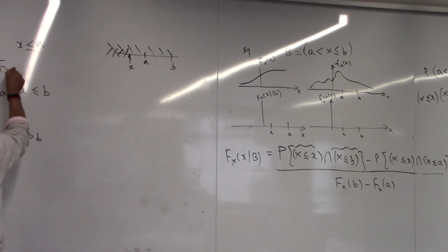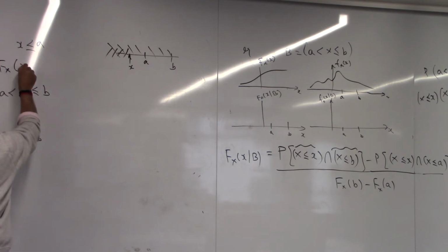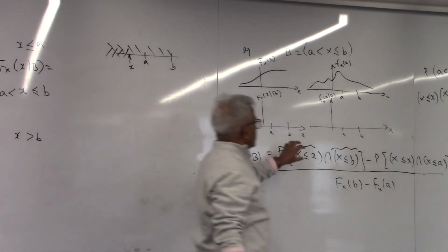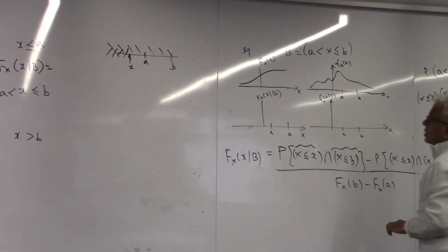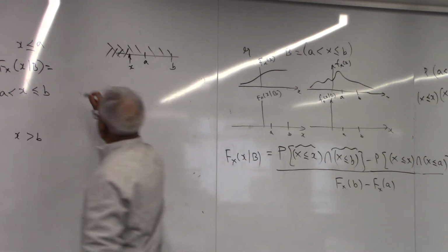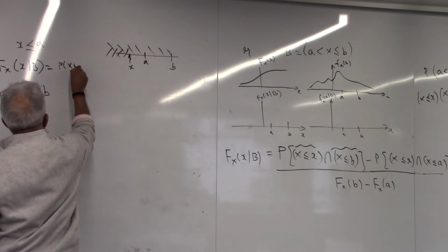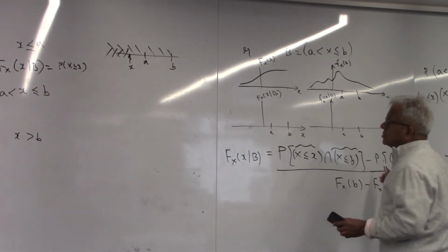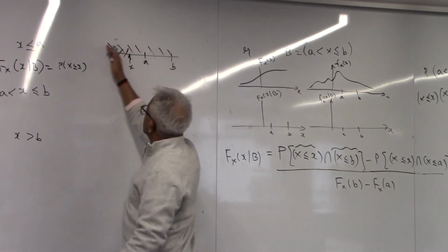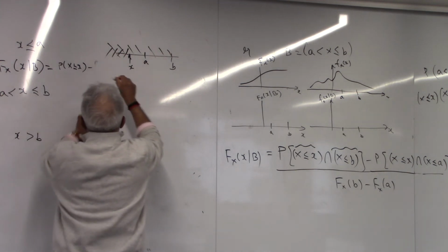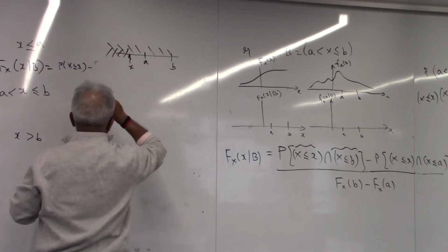So f_X of x given B, in the numerator, the intersection of this and this is going to be X less than x. So probability of X less than or equal to x. And here, again, the same thing because X less than x and X less than or equal to a. So this is also probability of X less than x.